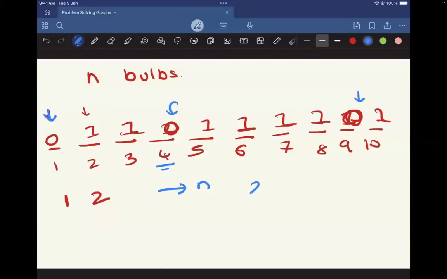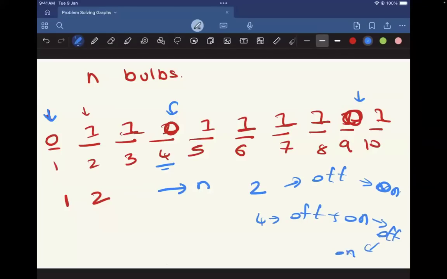Because if something has 2 divisors, it will be turned off and then turned on. If something has 4 divisors, it will be turned off, then on, then off, and then again on. So for the final state to be off, it should have an odd number of divisors. And we know that the only kind of numbers that have odd divisors are perfect squares.